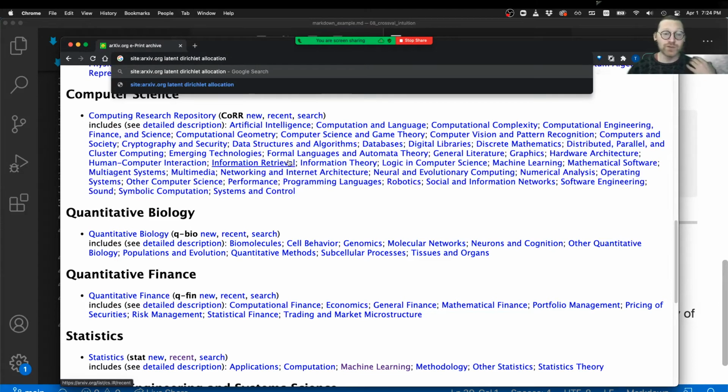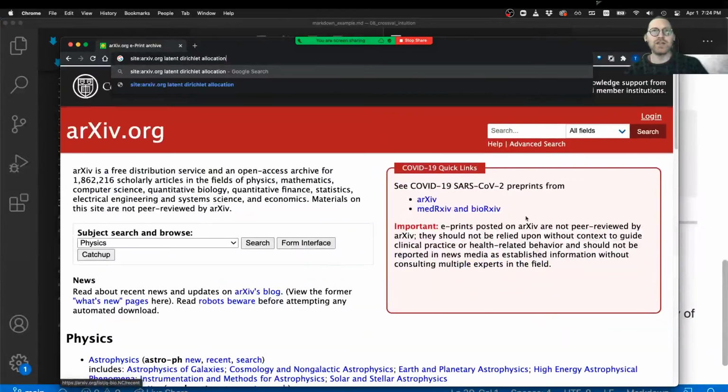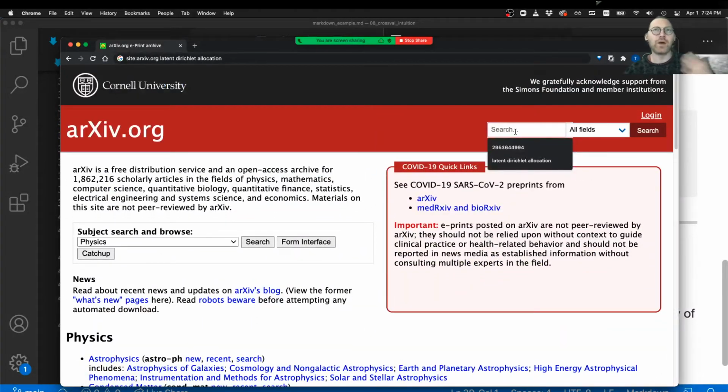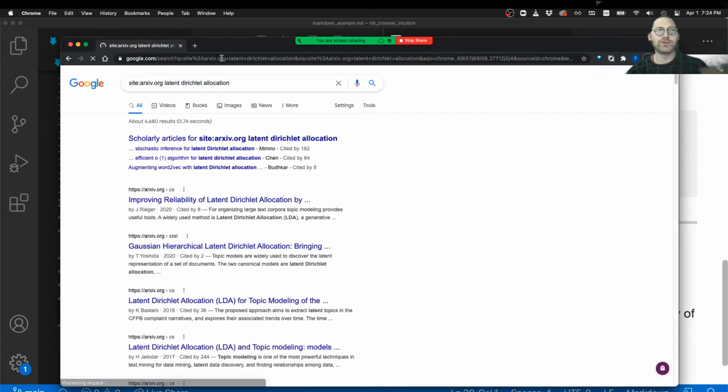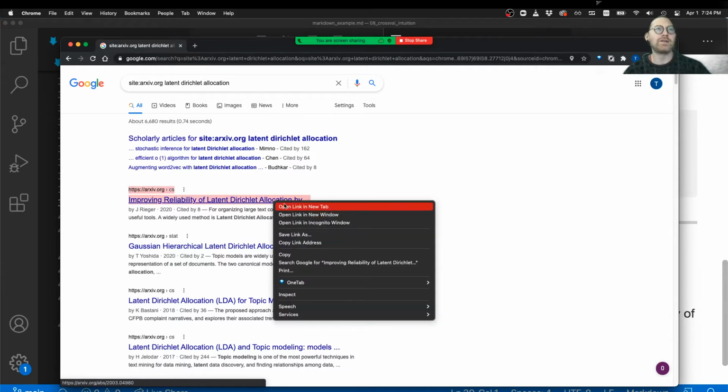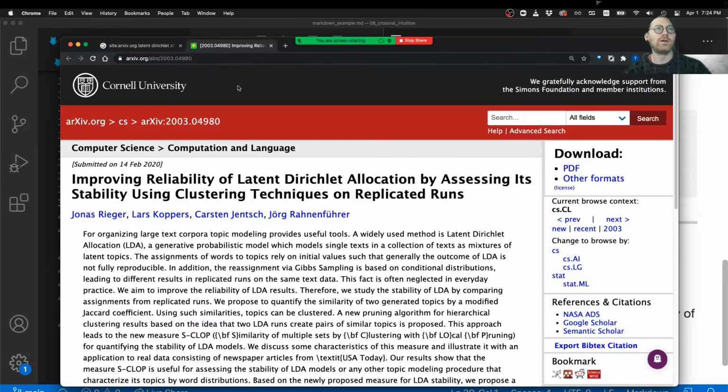Well, actually the search engine in here is not bad. You can look stuff up in here and that's fine, but I still think Google does a better job with traversing this. So here's an article from 2020, improving reliability of latent Dirichlet allocation by something.